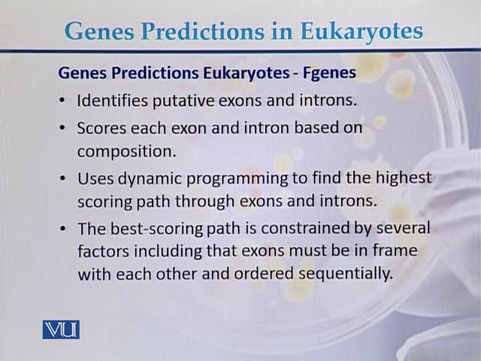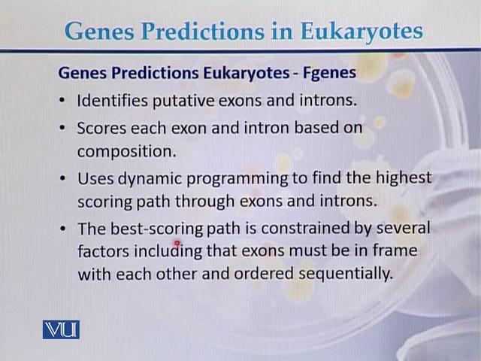The second tool, which is called FGENES, is used for gene prediction in eukaryotes. This software identifies the exons and introns and gives a score to each exon and intron based on the composition, and uses dynamic programming to find the highest scoring path through the exons and introns.